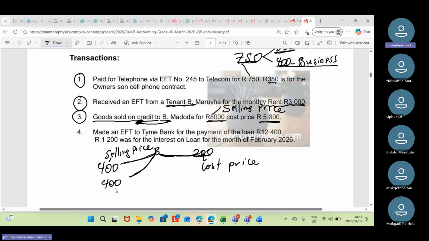So that person will be a debtor, someone who's owing you money. Whenever we're selling goods on credit, debtors control will increase. So goods sold on credit for 8,000, the cost price is 5,800. Firstly, you need to deal with the selling price part, then the cost price.